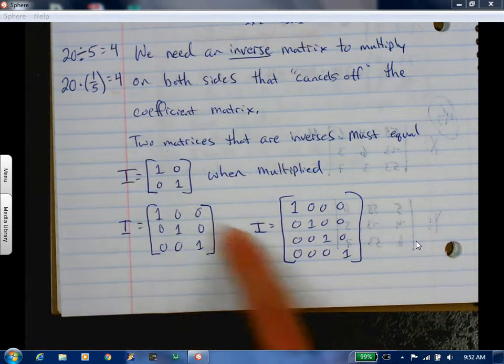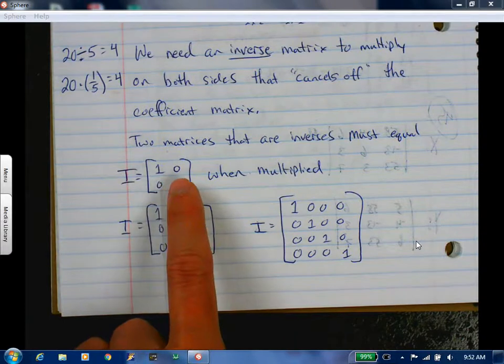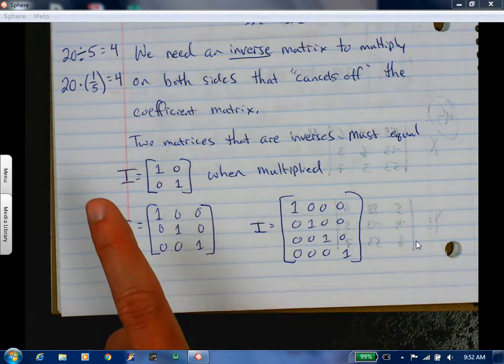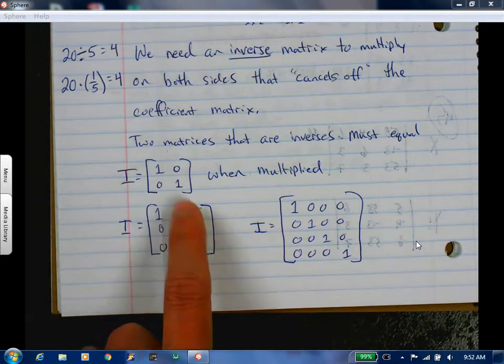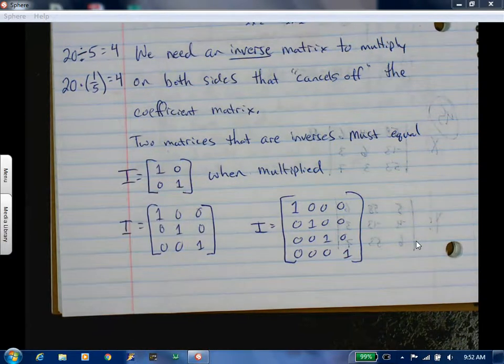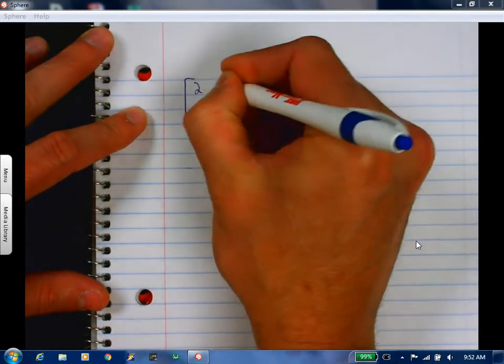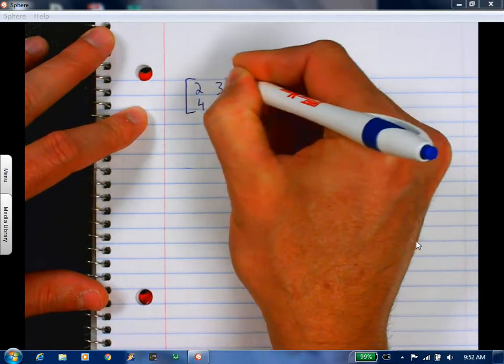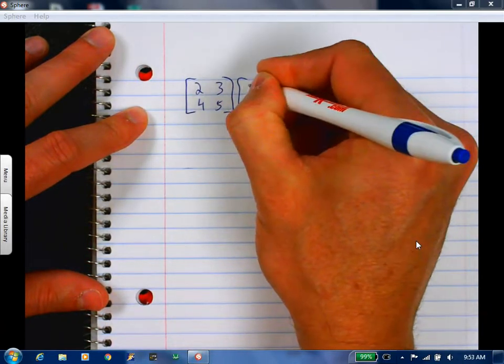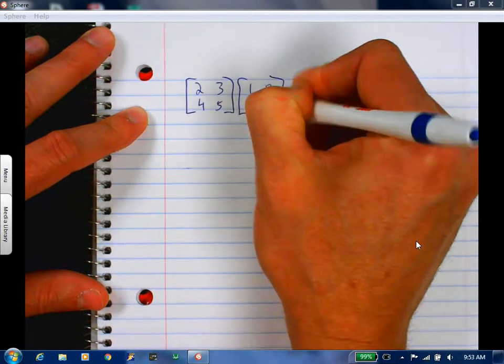Now, guess what happens if I would take any matrix times identity matrix? Would you get 0? Let's take 2, 3, 4, 5 times 1, 0, 0, 1. 2, 0.